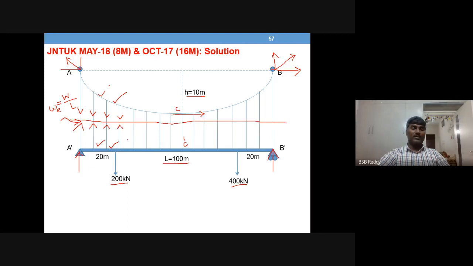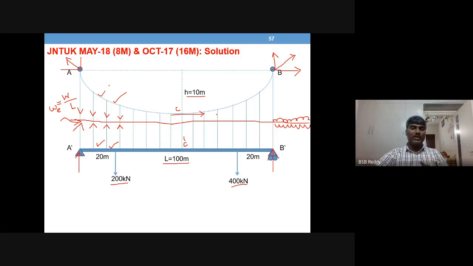So this is upward UDL for the girder, and downward UDL for the cable. So remember, for cable it is downward UDL. For girder it is upward UDL.